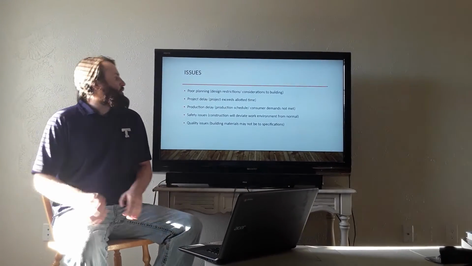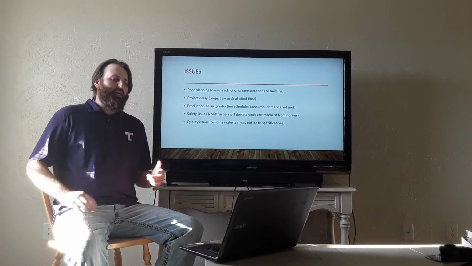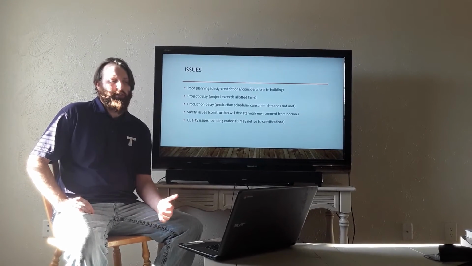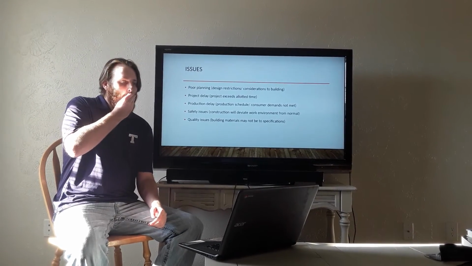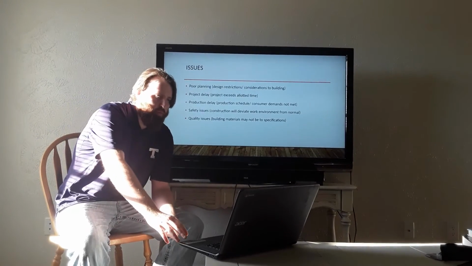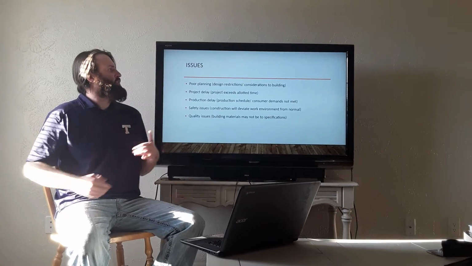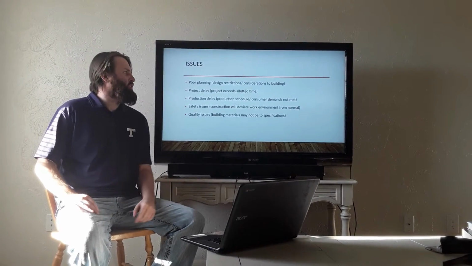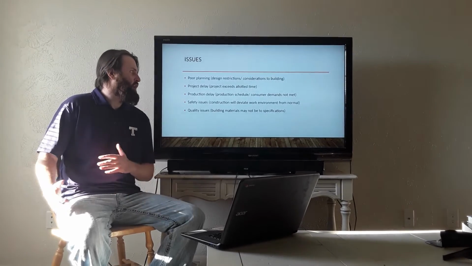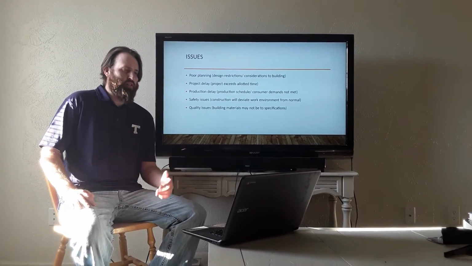So the issues: poor planning, project delay, production delay, safety issues, and quality issues. Poor planning, you have design restrictions, considerations to the building. Project delay, when the project exceeds the allotted time.